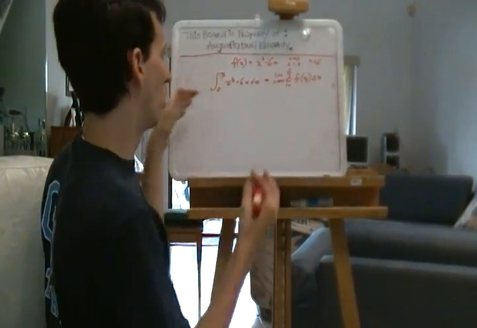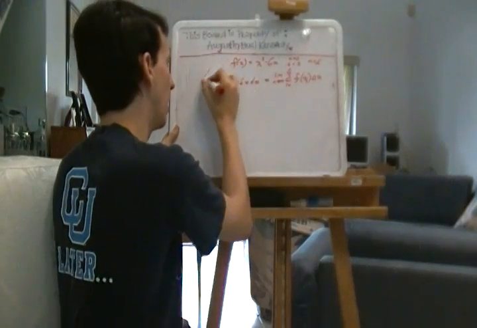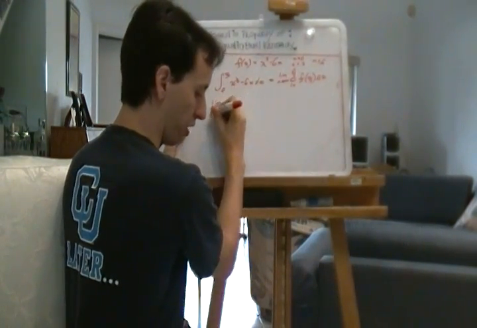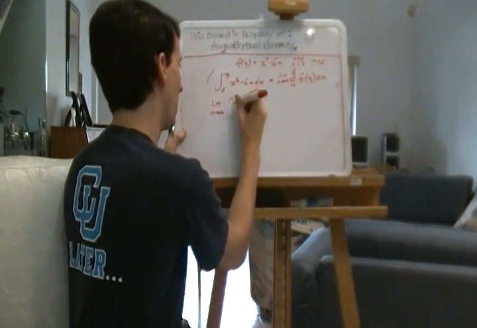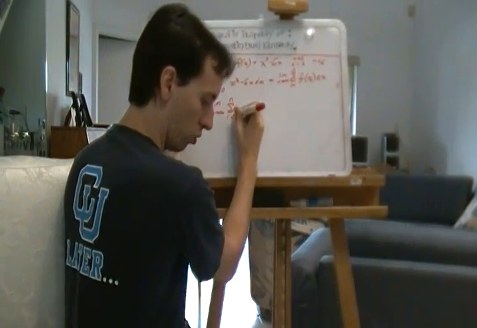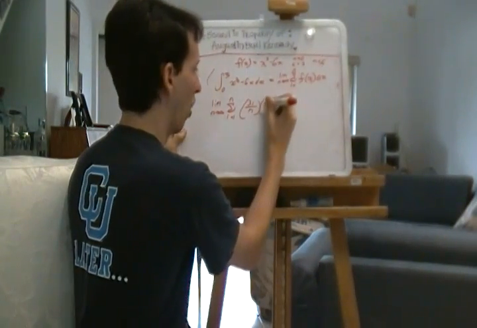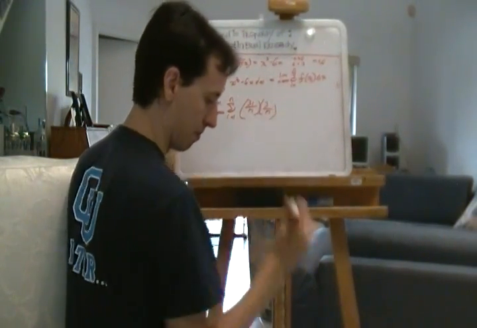Okay, so let's plug in what we know from here into the Riemann sum. That means we're looking for the limit as n approaches infinity of the sum from i equals 1 to n, with 3i over n, times 3 over n.